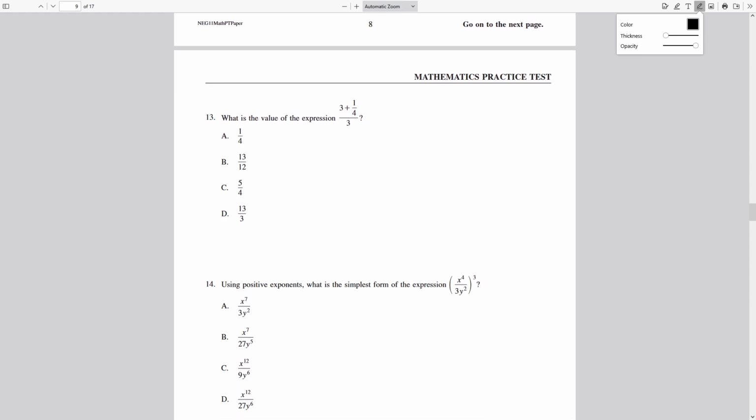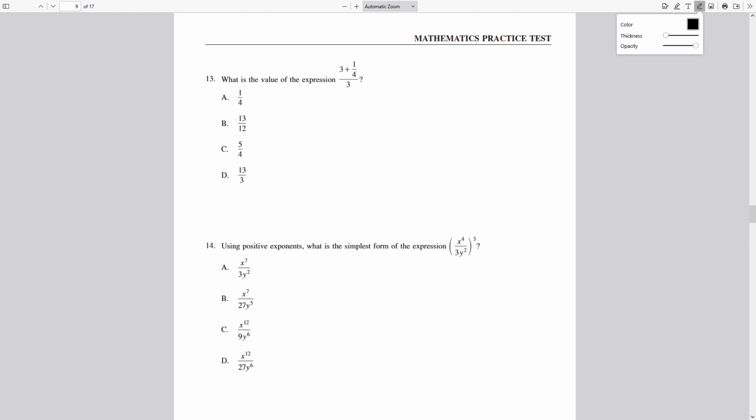What's the value of this expression? 3 plus a quarter, all divided by 3. Well, I think it's a fourth. No? Yeah? Yes, it is.